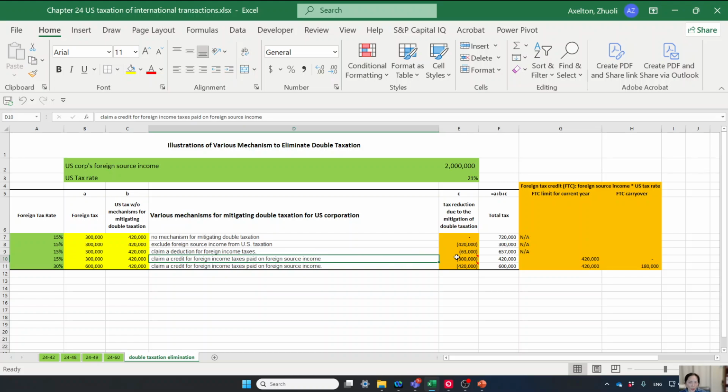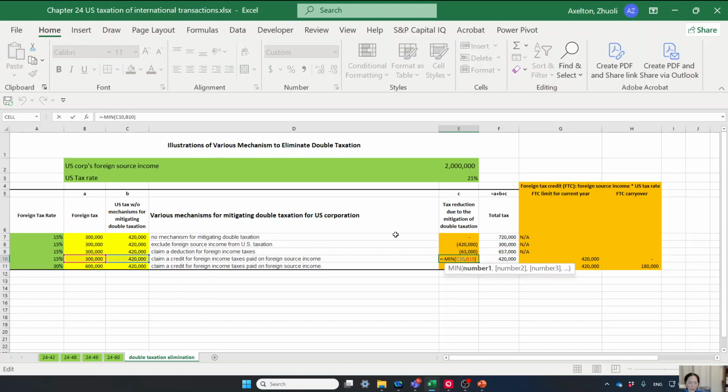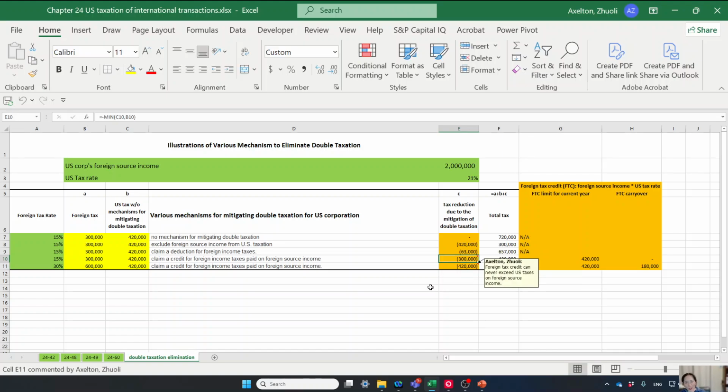So it's the same concept here. In this case, the kicker is that we're going to compare the foreign tax paid versus the potential U.S. tax paid on the same amount of income. Then the minimum of the two will be treated as the foreign tax credit.